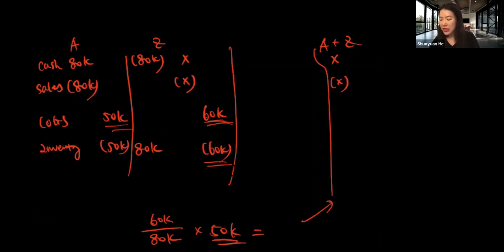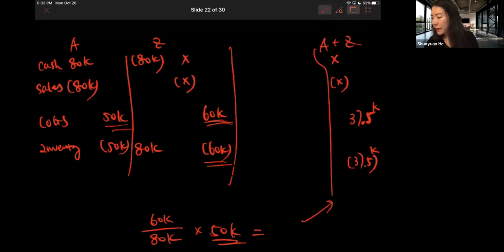So the cost of goods sold that should be recognized, if you view two firms as one firm, is 37.5 thousand, and inventory goes down by 37.5 thousand. So this is if you view two firms as one firm.